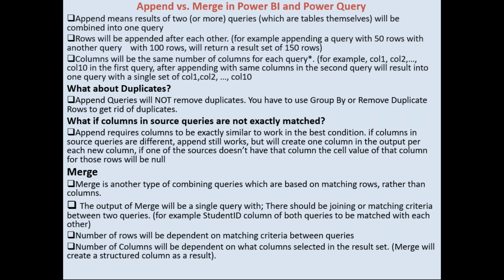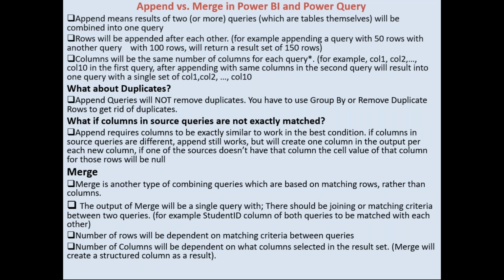And what is meant by merging? Merging is another type of combining queries, based on matching rows rather than columns. With appending, the number of rows is combined; with merging, we match rows.